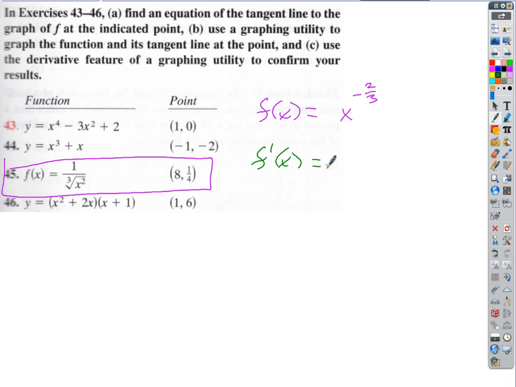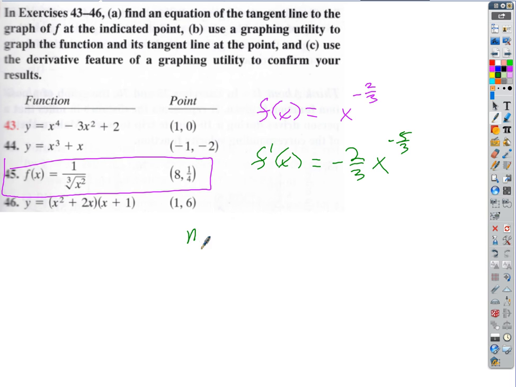I just follow my rule, right? Whatever the exponent is, that goes out front. Negative 5/3. Negative 2/3 minus 1, minus 3/3, is negative 5/3. So there's my derivative function.